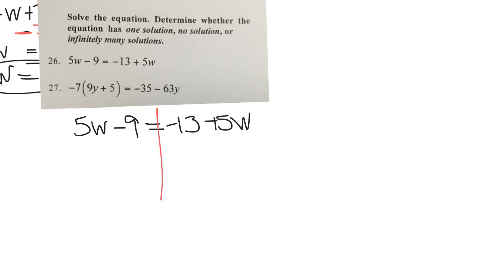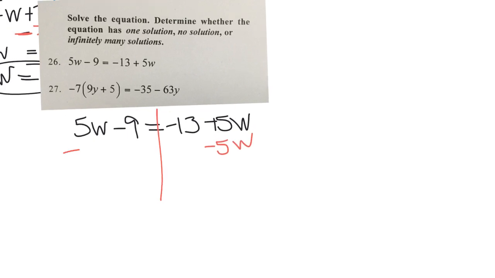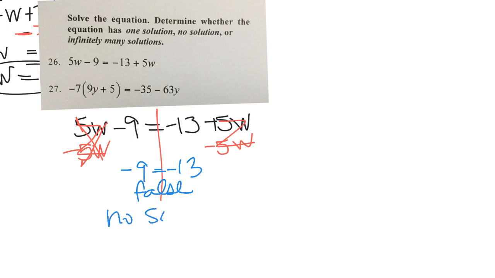We want to get the variables on one side, so I'm going to subtract 5w. And 5w minus 5w is 0, so that zeroes out. And that zeroes out. I'm left with negative 9 equals negative 13, which is a false statement. And when my variables disappear and I get a false statement, this is no solution.